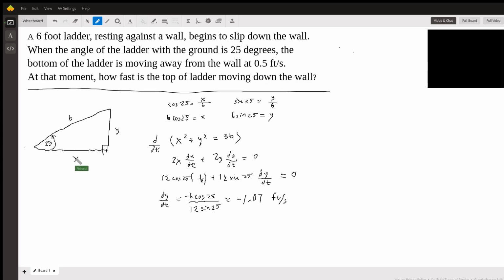So this distance is getting bigger at a smaller rate than the height of the ladder against the wall is dropping. Sorry, the wording's getting a little jumbled up there, but I think you get the idea. So this is changing slower, and this is changing faster.